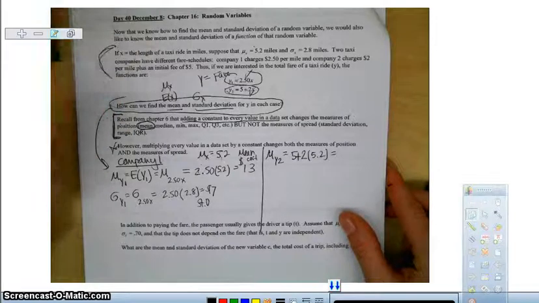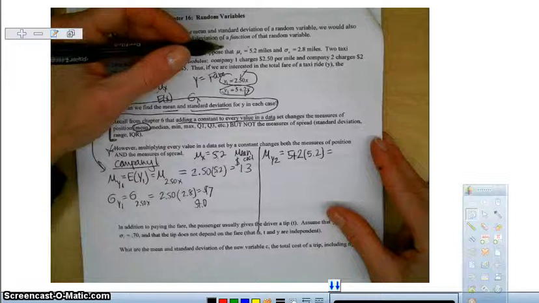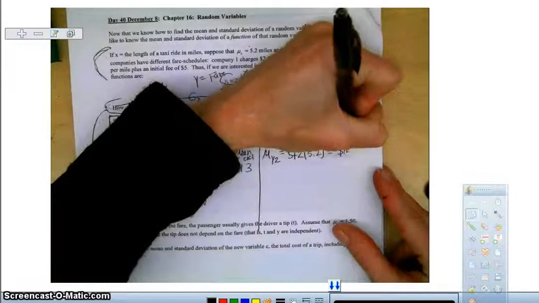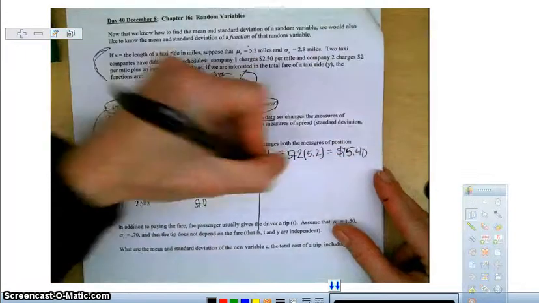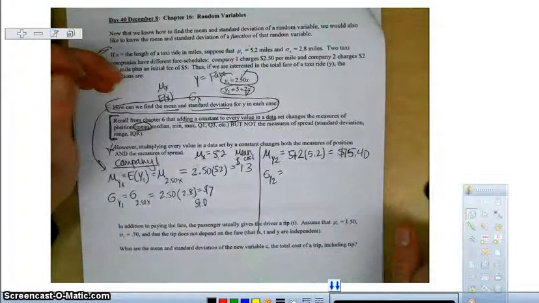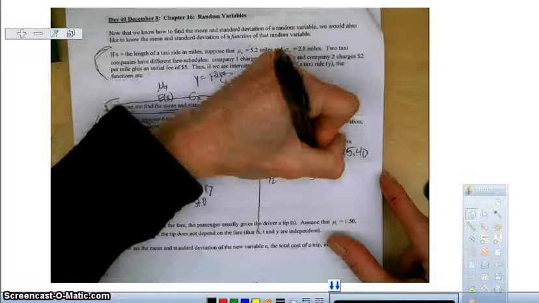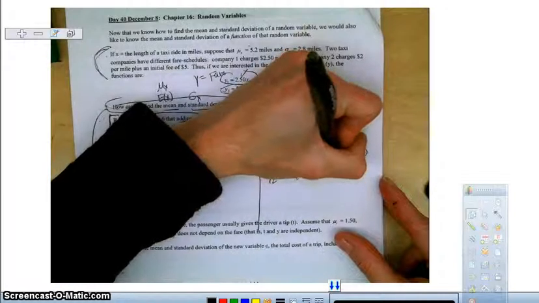Measures of center are affected by both the multiplying and adding, so 2 times 5.2 plus $5 is $15.40. And the standard deviation for company 2 is not affected by adding 5, so it's just 2 times 2.8 miles, which is $5.60.